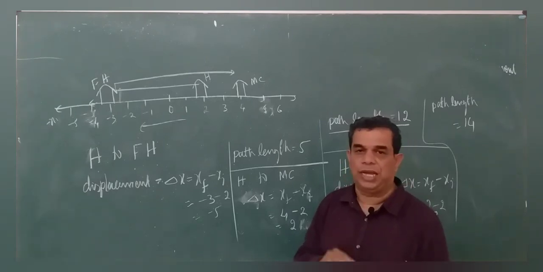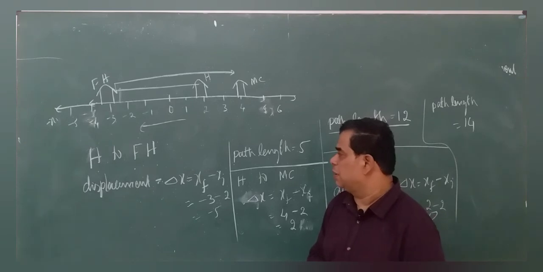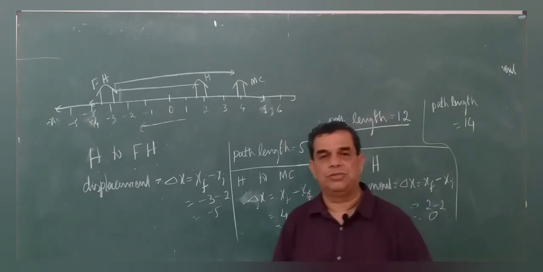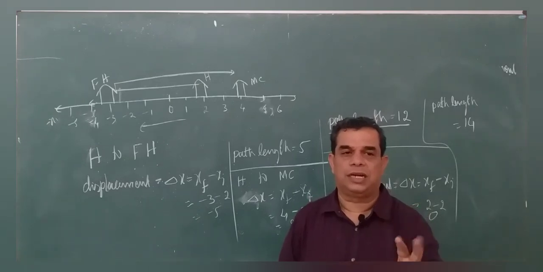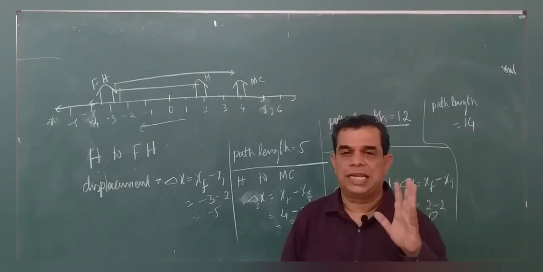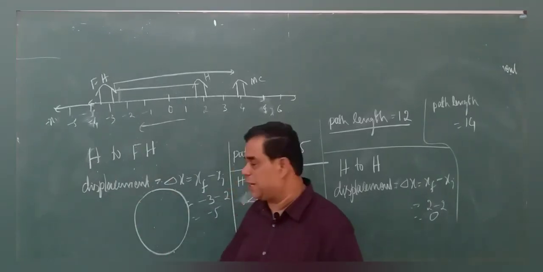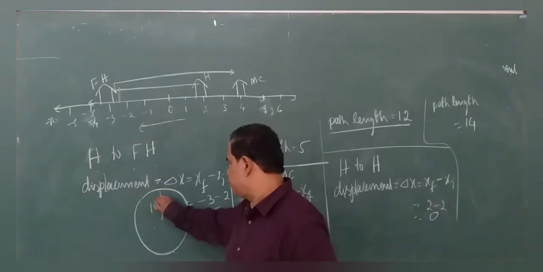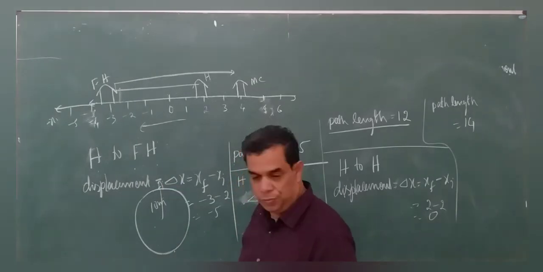Last bit, I will give you a question. There I conclude this part. The question is like this. You just imagine yourself riding your bicycle on a circular track. Say it's a big circular track of radius 10 meters, and you are at A in the beginning.